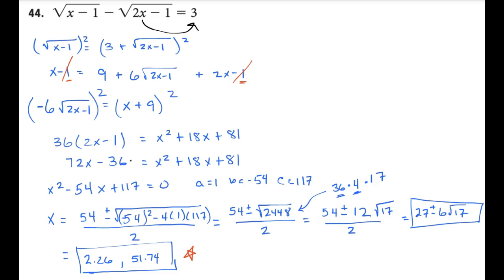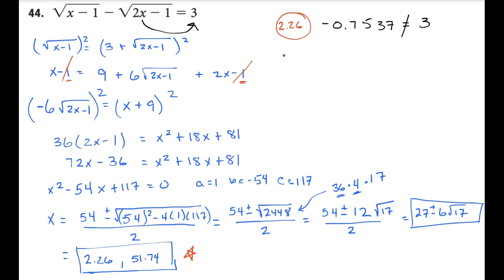For the first one, if you plug 2.26 in, you're going to get an answer of negative 0.7537 equals 3. And it does not equal 3. So 2.26 doesn't check out.